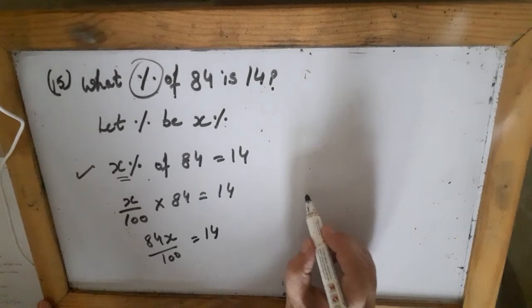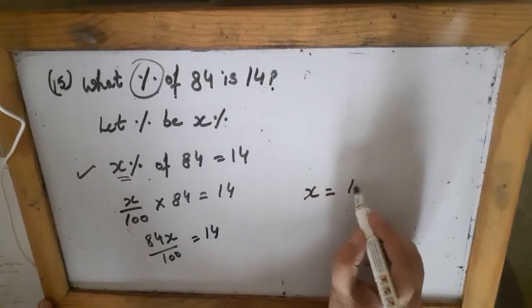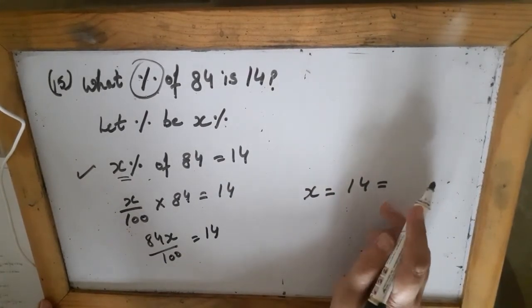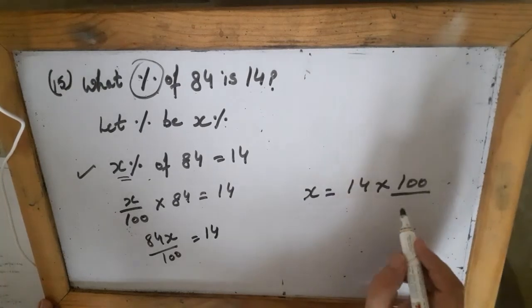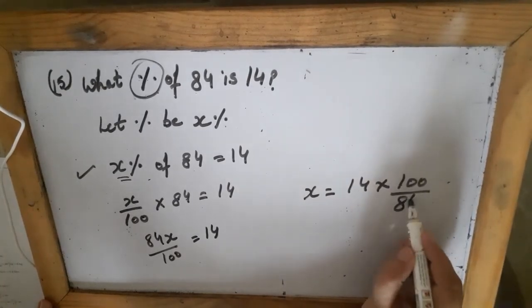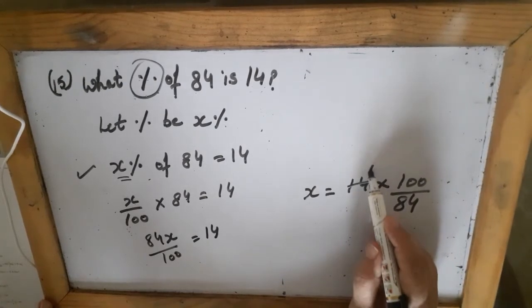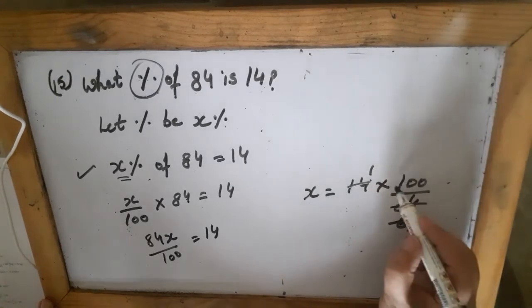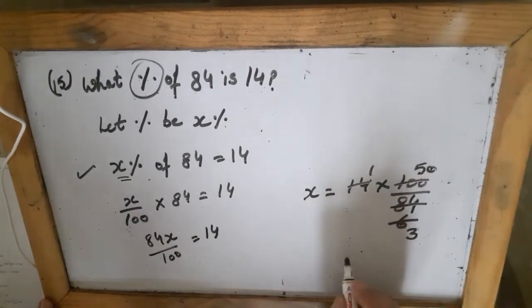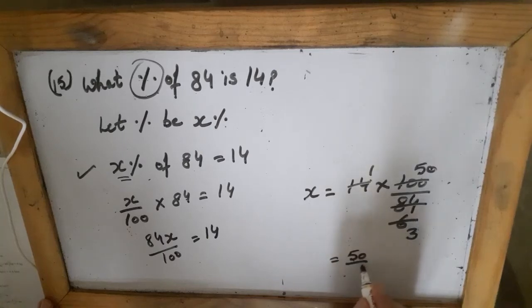Because you have to find x, you will shift 84 upon 100 to the other side, so it will become a reciprocal. It will become 1400 upon 84. So 14 ones are 14, 14 sixes are 84, and 2 3s and 2 50s. So what do you get? 50 upon 3.